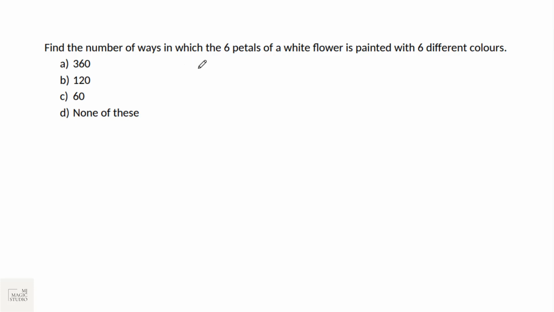Find the number of ways in which 6 petals of a white flower. Whenever this is given according to the flower, it is always assumed to be in a circular arrangement formation. And if n objects need to be arranged in a circular formation, the number of ways it can be done is factorial n minus 1 ways.